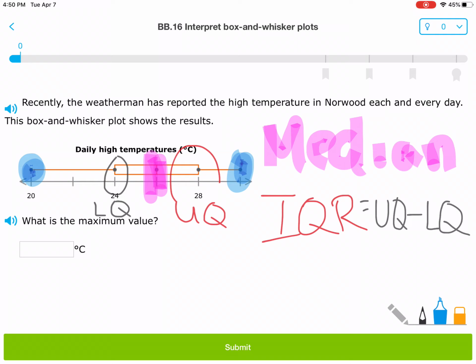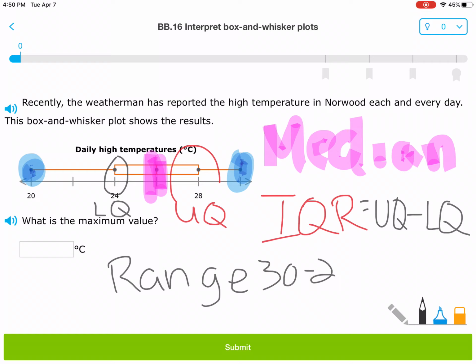And you're going to find the range by subtracting them. So the range in this problem would be 30 minus 20, which is 10. I guess I should have figured out what the IQR was. The IQR was 28 minus 24, so it was 4.